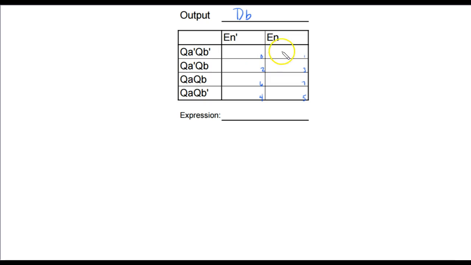And remember, we had ones in 1 and 2, and then 5 and 6, and we had zeros in the other scenarios. So if we were to circle those up, I could circle these two, and I could circle these two in a group.